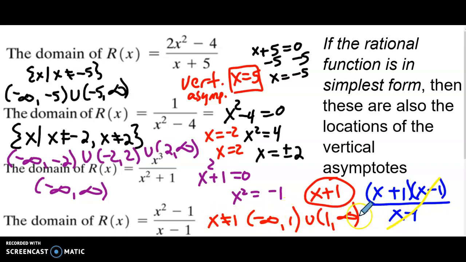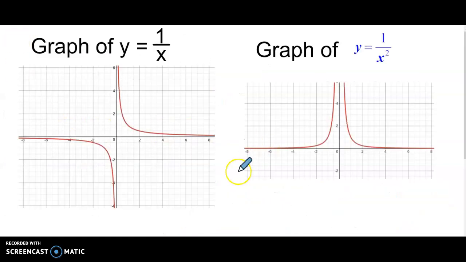However, x equals 1 is not a vertical asymptote, because it says if the rational function is in simplest form, then these are also the locations of vertical asymptotes. What happens, guys, is x equals 1 ends up just being a hole in the graph, okay? Not a vertical asymptote.